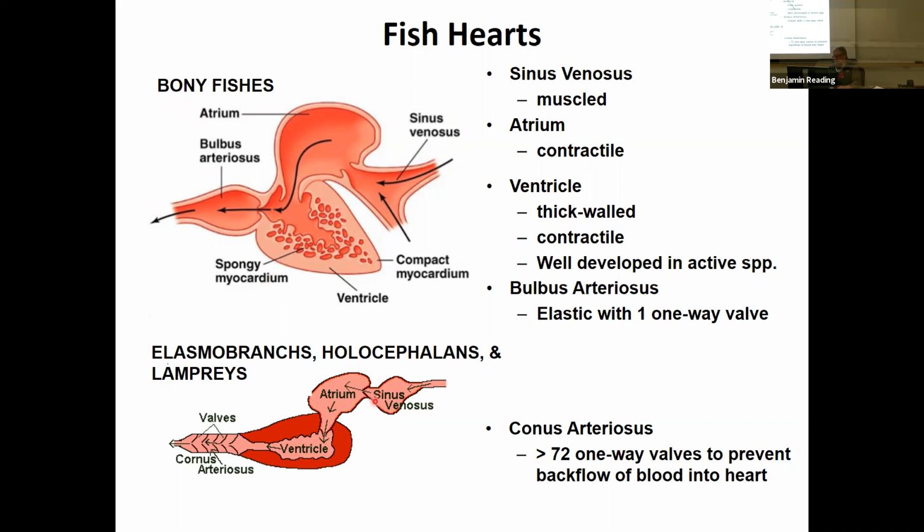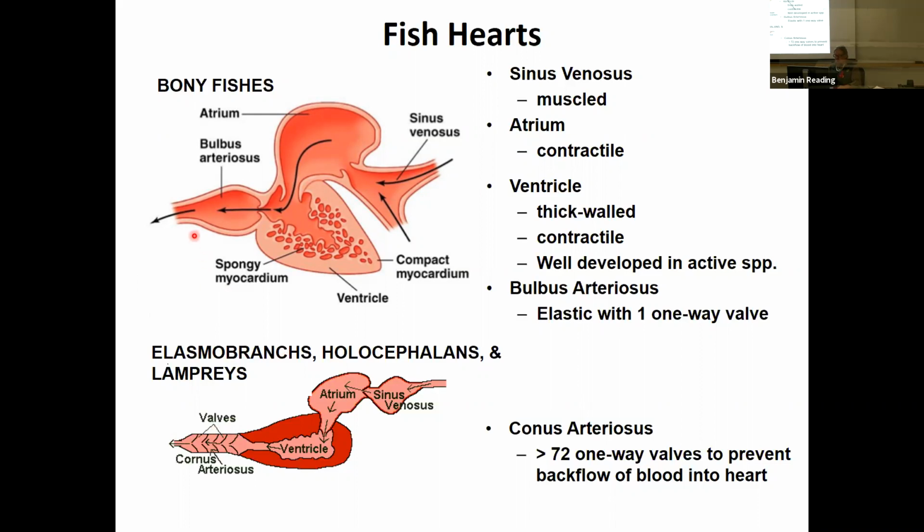Now, the elasmobranchs, generally speaking, the sinus venosus, the atrium, and the ventricle are all pretty much the same. The key difference here is that chondrichthyan fishes, holocephalans, and the lampreys have, instead of a bulbus arteriosus, what's called a conus arteriosus.